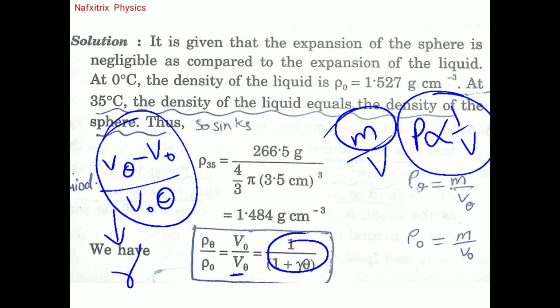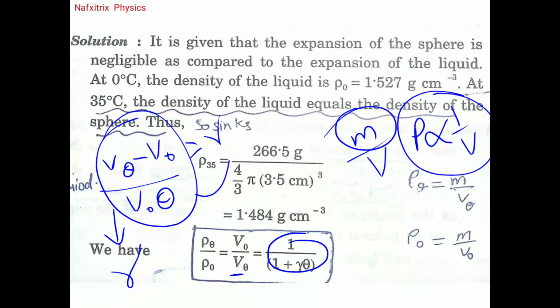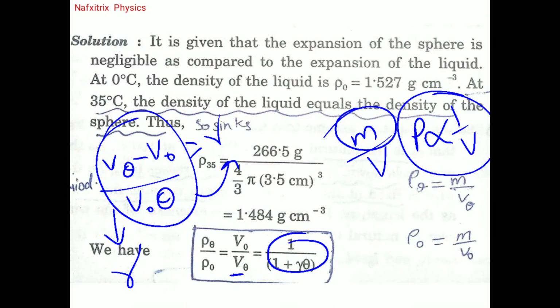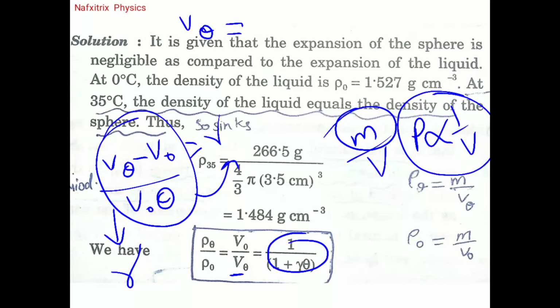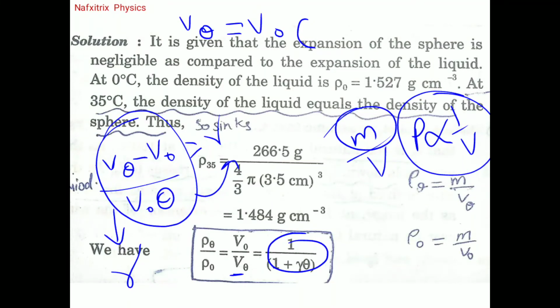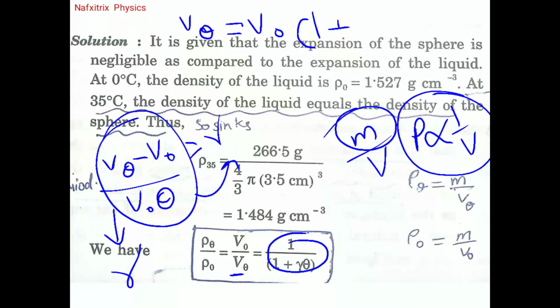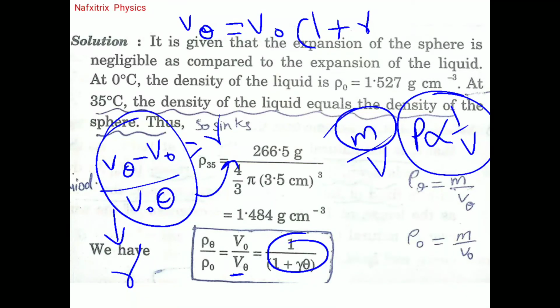If we send this to that side, we get V naught plus V naught gamma theta, so V theta equals V naught into 1 plus gamma theta. So this is the thing you are going to get.